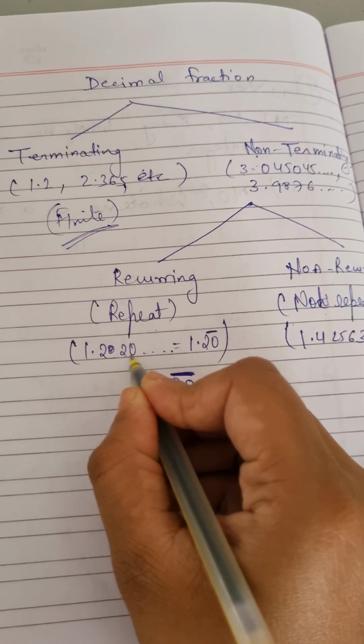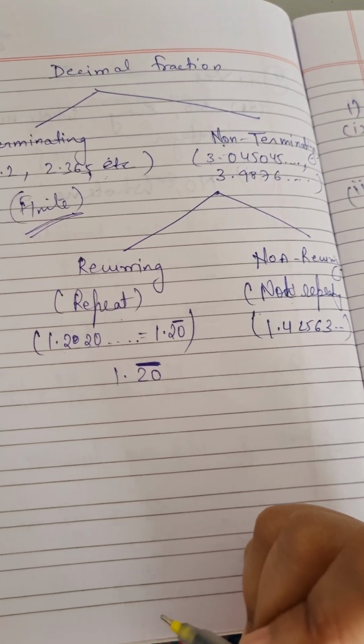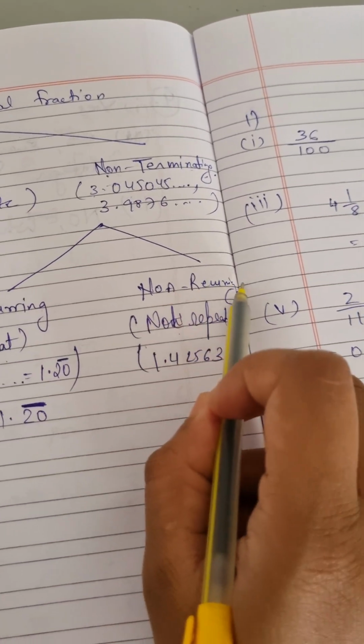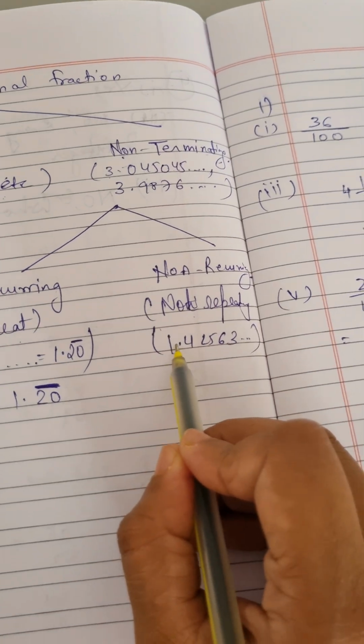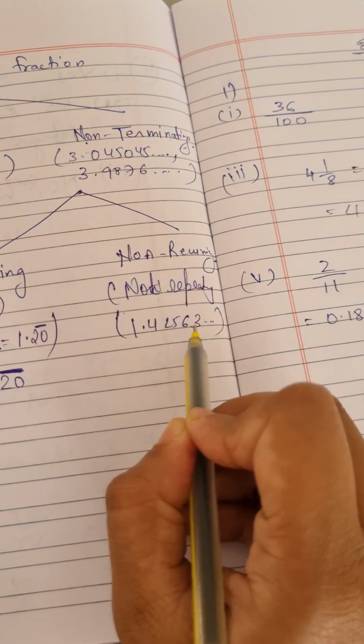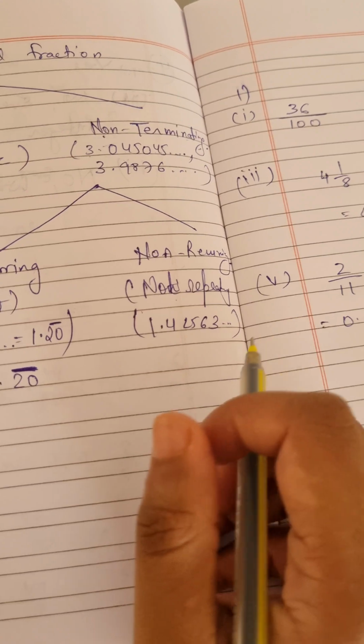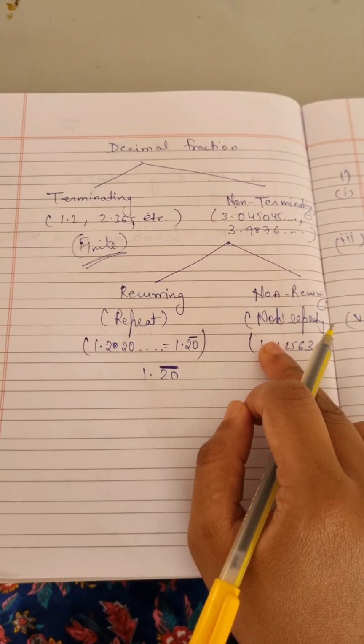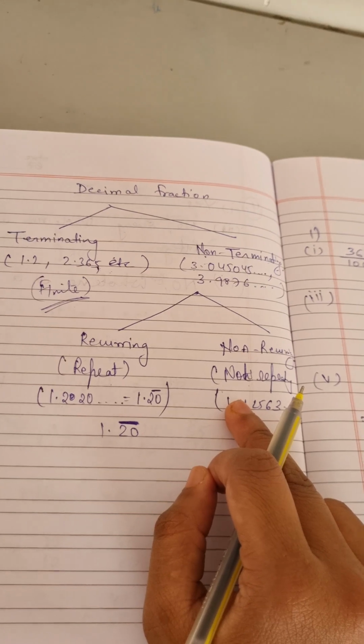Why? Because 2020 repeats n number of times. Now non-recurring means after the decimal, like 1.42563, all digits are different. Digits are not repeating. That is why it is non-recurring. I hope I made myself clear.